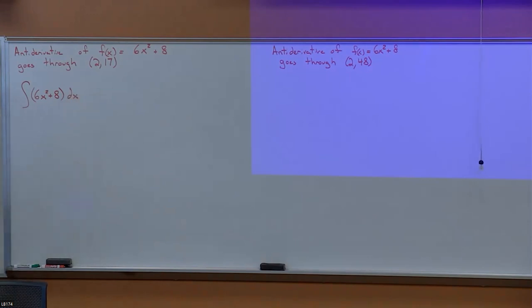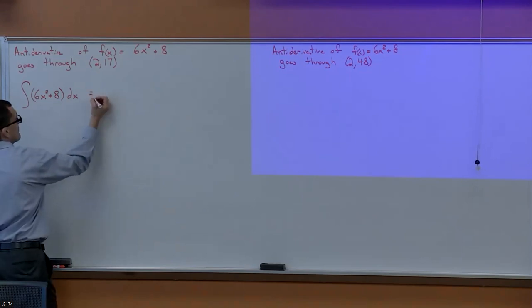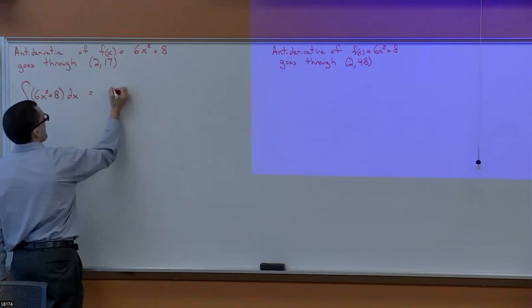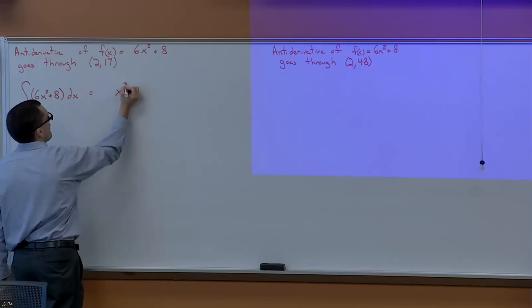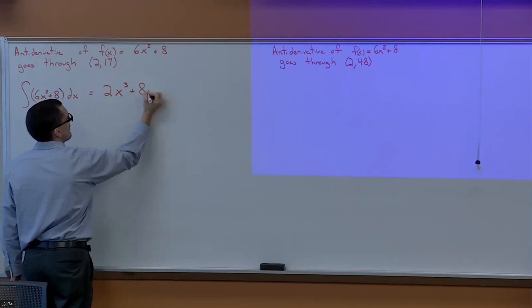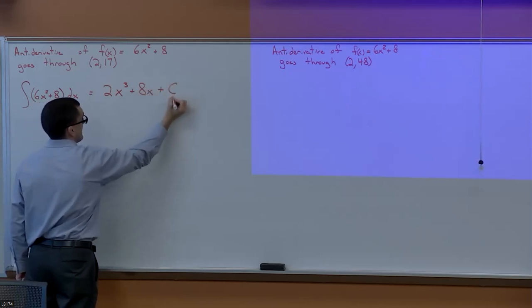In this case, it's 6x squared plus 8. So when you take the antiderivative, you end up with 2x to the third plus 8x plus c.